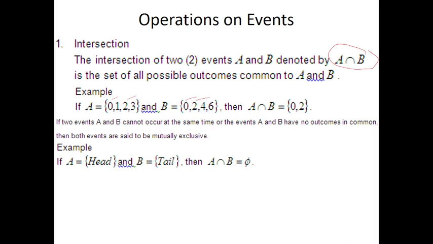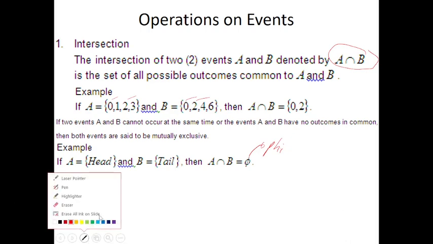Yung tossing of a coin, yung random experiment na yon, events A and B cannot occur at the same time. So they have no common outcomes. Therefore, they are said to be mutually exclusive. So ito yung ating notation, A intersection B equals to this notation. Actually, this is the Greek letter phi. Okay? So we can proceed.